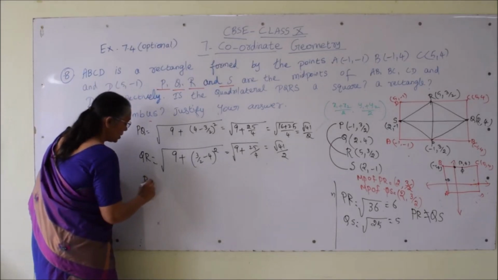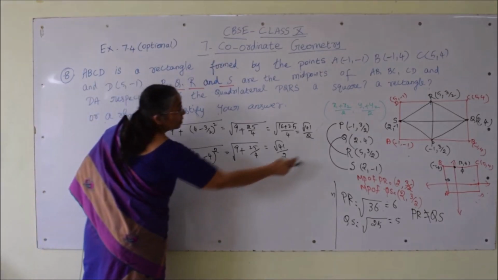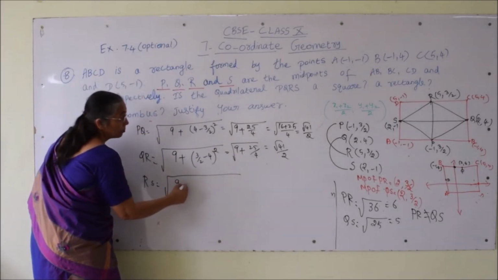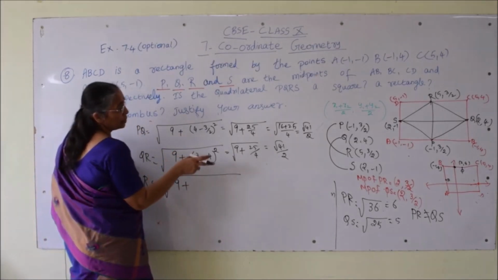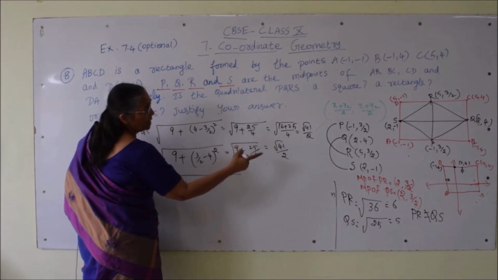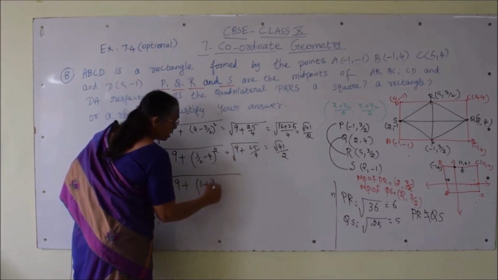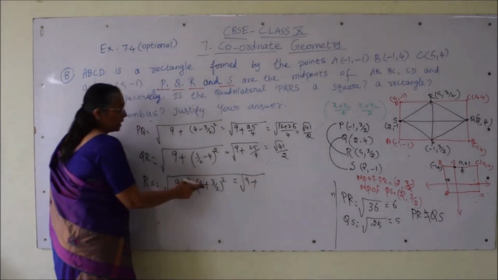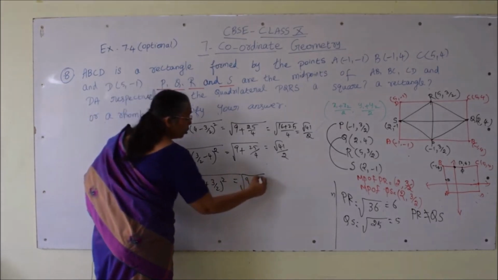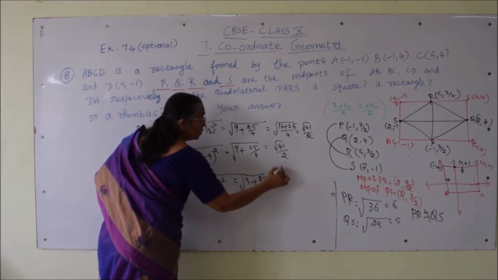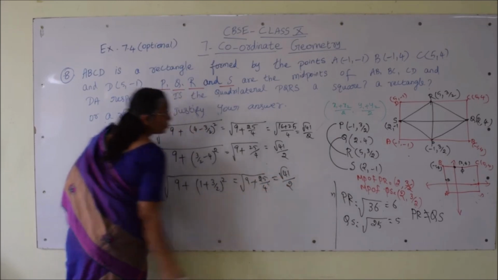Now the RS distance, root over RS. 5 minus 2, 3 square, 9, plus (3 by 2 minus of minus 1), 1 plus 3 by 2 whole square, which is 9 plus 5 by 2 whole square, which is 25 by 4. So again this is also equal to root 41 by 2.